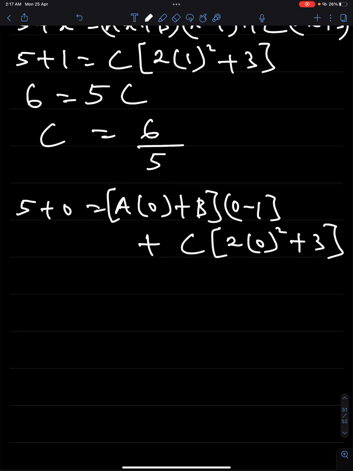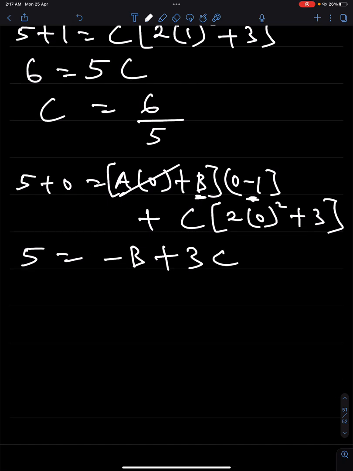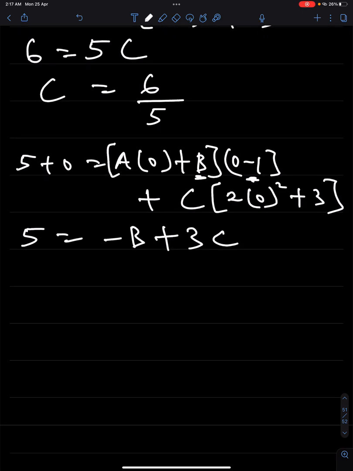And that simply means 5 plus 0 is 5 equals a times 0 is 0. 0 minus 1 is minus 1. And we're left with b here. So b times minus 1 will be minus b plus 2 times 0 is 0 plus 3 is 3 times c, plus 3c. Now I already know the value of c, so I can use that to find b here.